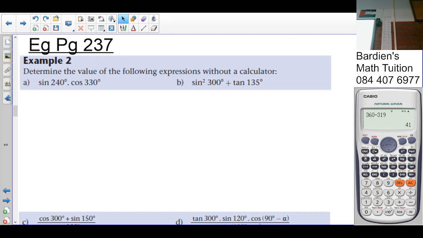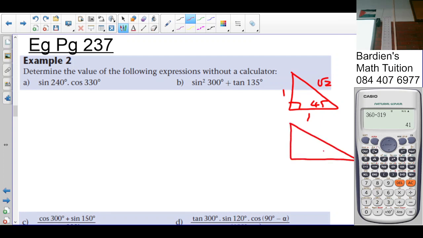So if we're not going to use a calculator, what do we need to use? The triangles, not so? Again, we draw our triangles. It's 45, 1, 1, root 2. 30 degrees, 60, 1, 2, root 3. This is not a triangle, but it works for what we're looking at.